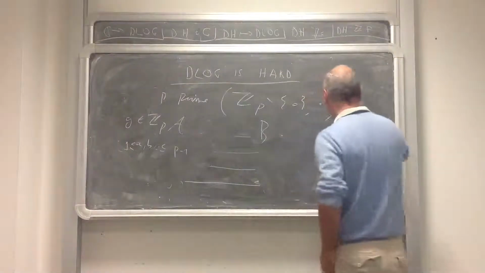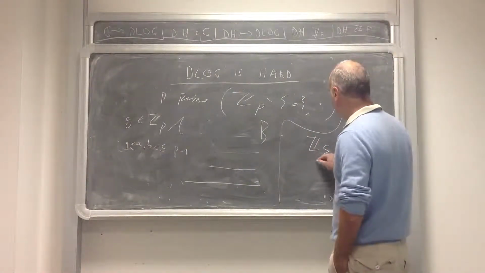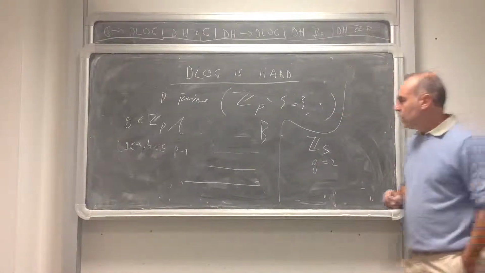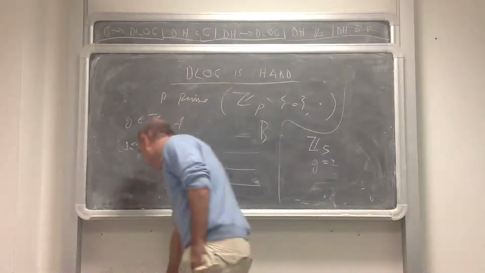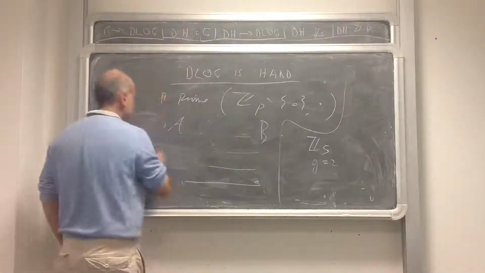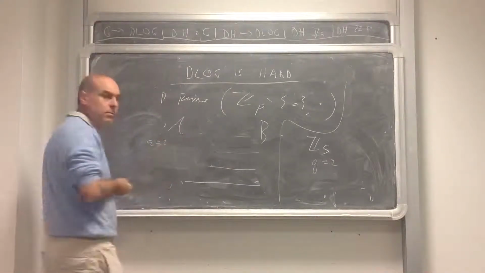So let's see an example, Z5. So in Z5, G can be 2. Alice chooses secretly a number A equal to 2.